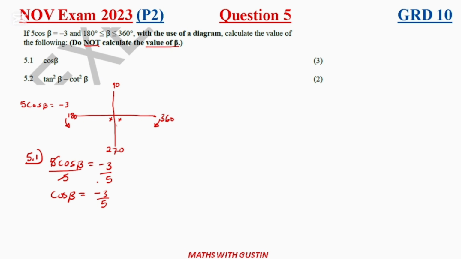So now we need to decide where our diagram is lying. Negative 3, it's a cos. You remember SOHCAHTOA.